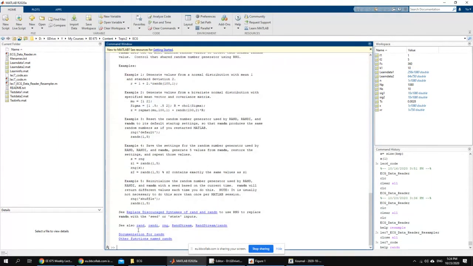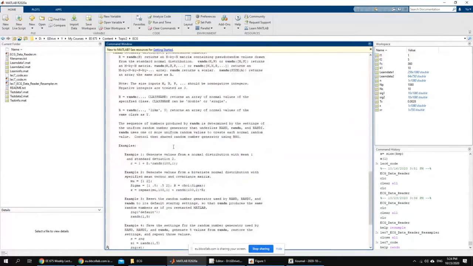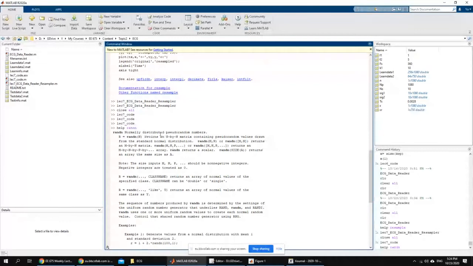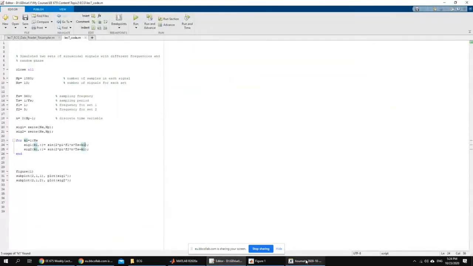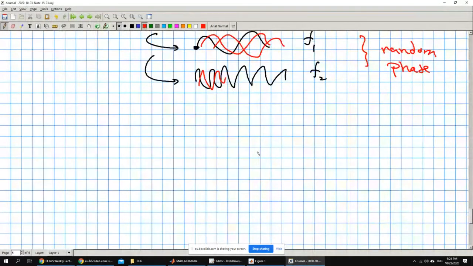If you use just rand, it gives you uniform samples. Here it gives you normally distributed pseudo-random numbers, using a distribution that has 0 mean and 1 standard deviation. So let me show it to you, if I'm talking about randn in MATLAB.